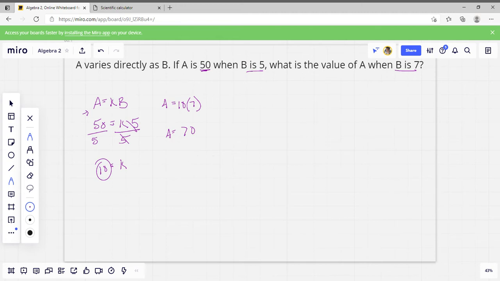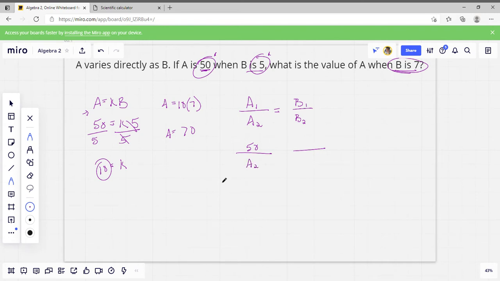There's another way to work this problem, because the statement that A varies directly to B also implies a ratio equation. So we can make a ratio of that. We can say A1 over A2 equals B1 over B2. Our 1s are going to be the ones we're given, and our 2 is going to be the one we're trying to find. So for A1, we do 50 over A2, which we don't know.